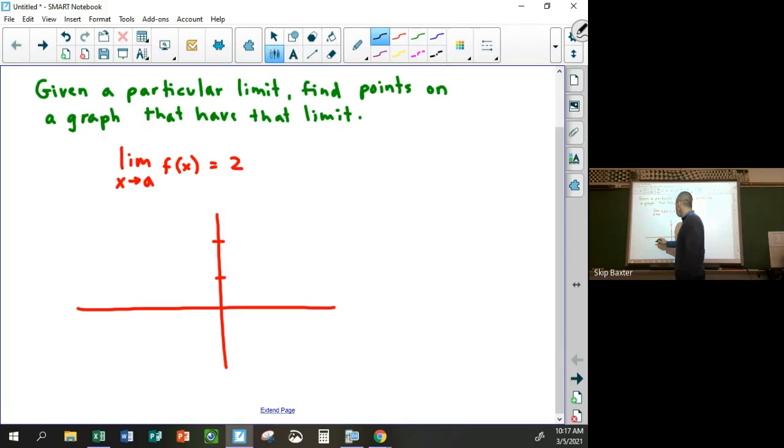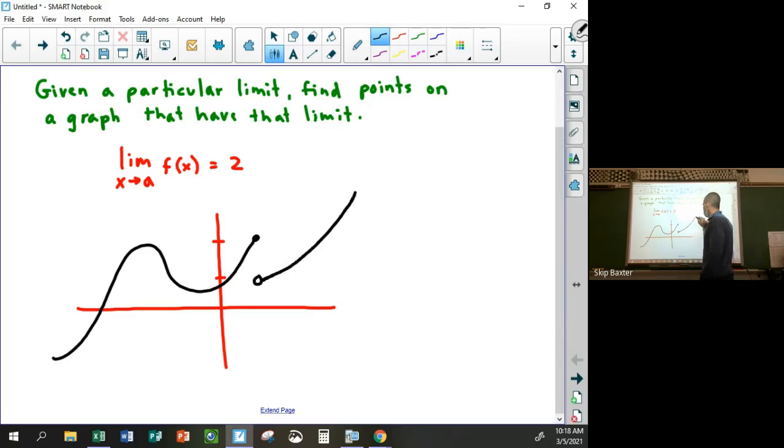Just making this up. Suppose we have a function that goes like that, and then it goes like this, like that. And you're trying to find points on this graph where the limit as x goes to a is 2.